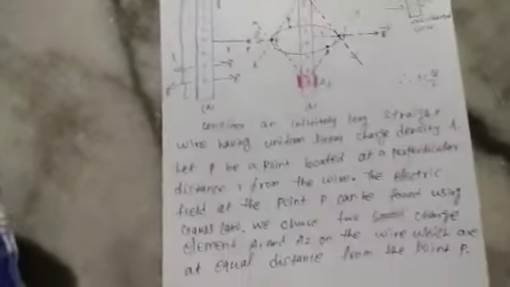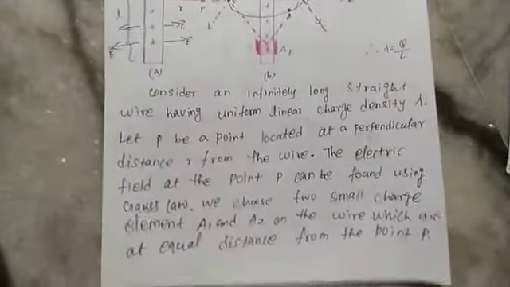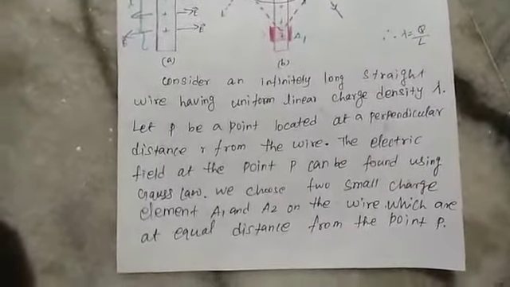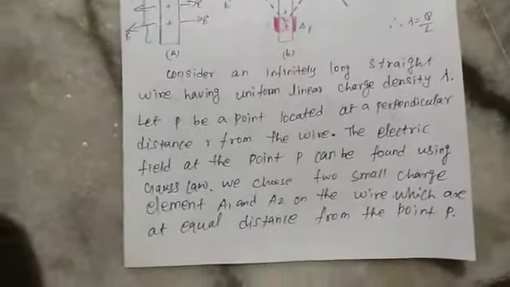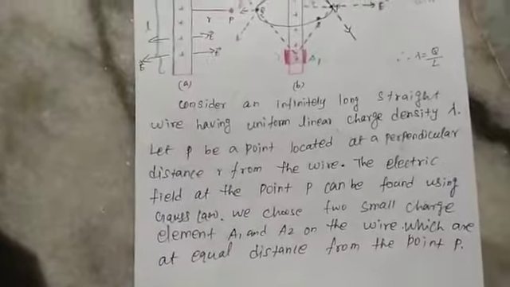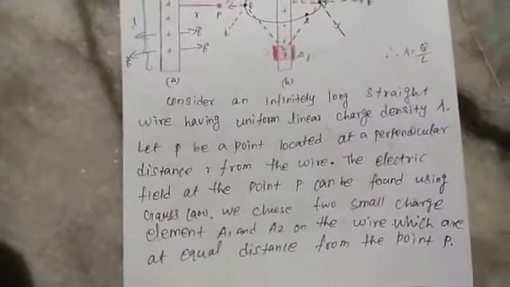The electric field at the point P can be found using Gauss law. At the point, how much electric field is produced by the infinitely long charged wire?